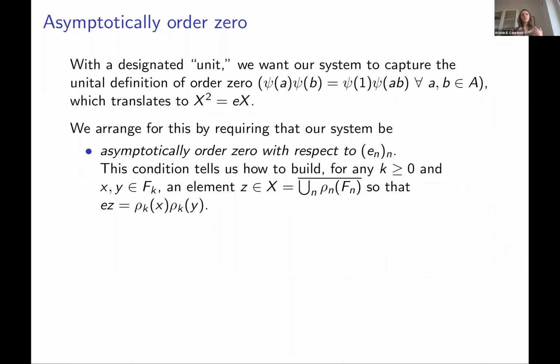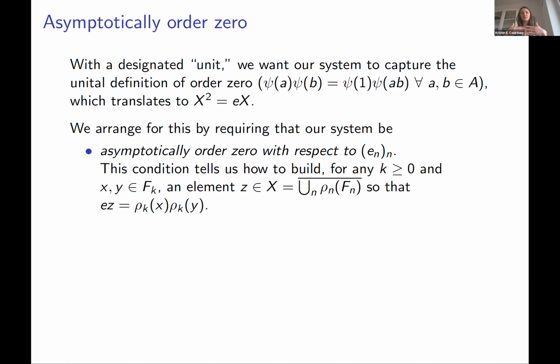And so we arrange for this by requiring that our system be asymptotically order 0, but now with respect to this order unit that I've singled out. And so this condition basically will tell us how to build, for any k and any X, Y in F_k, some element Z in X, which, again, this is the closure of the union.